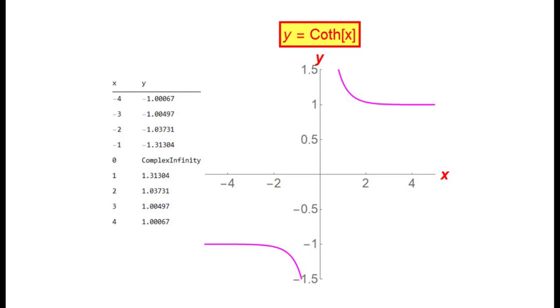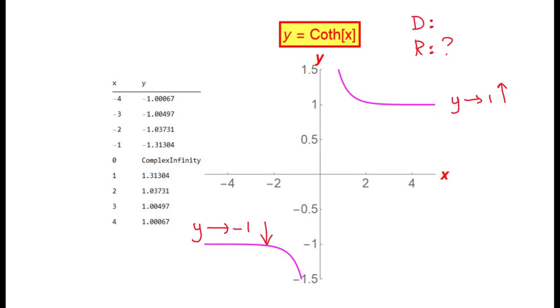The last graph is y equal to hyperbolic cotangent x. What is the range for this graph? You see here y approaches 1 and above, and this one y approaches negative 1 and below. So can you guess the range of this graph? And how about the domain?